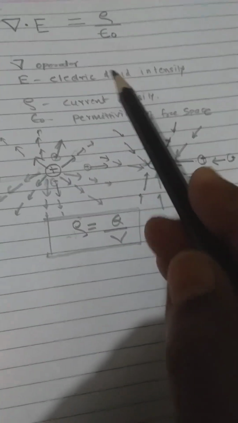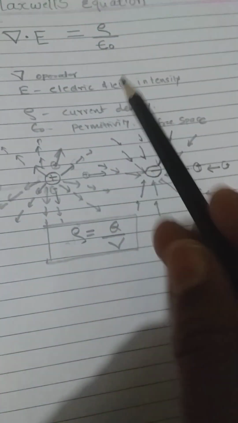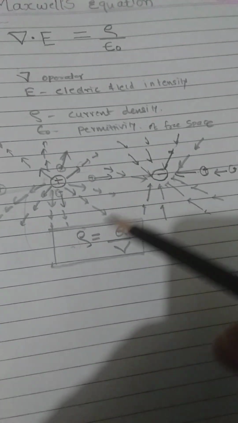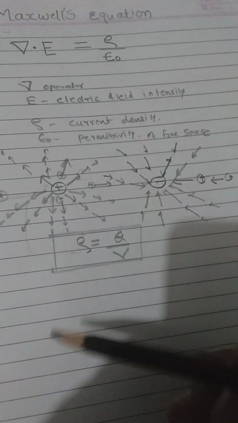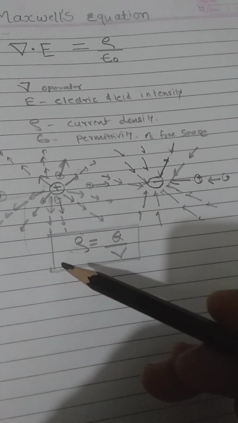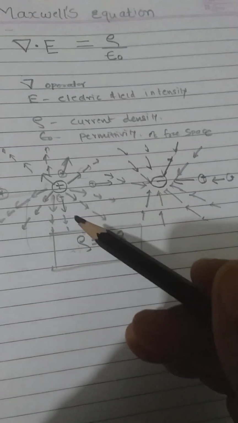And what is the permittivity? It is the constant, and definitely it will affect because it shows the permittivity of the medium, how much the ability of that medium to permit the electric flux.